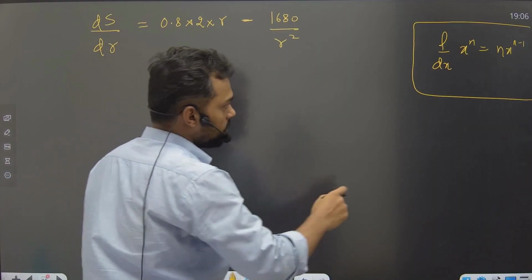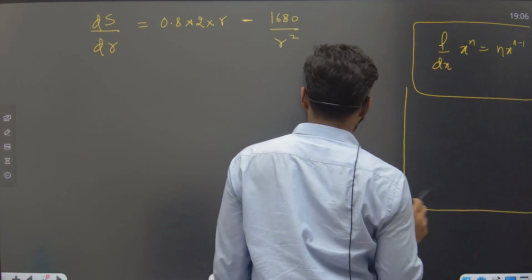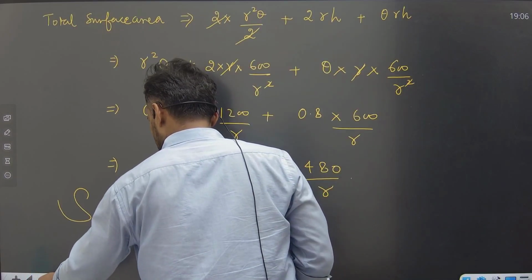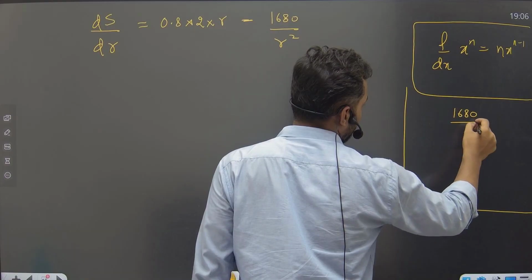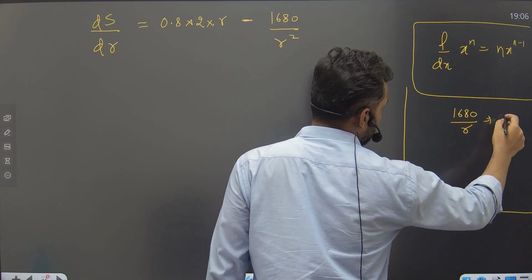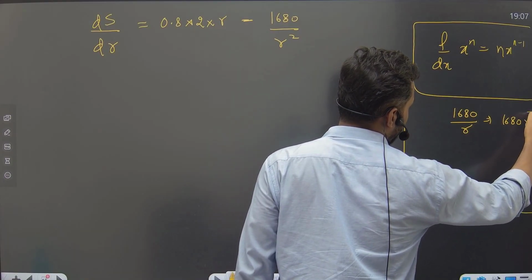How did I get this? If you want to see this differentiation, I'll do it here. It was 1680 by r, so we can write this part as 1680 r to the power negative 1.